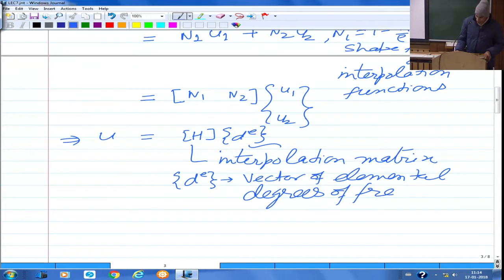These are the terminologies we will continue to use subsequently. So this is your U. We call H the interpolation matrix, and this is the vector of elemental degrees of freedom. In this case you see H is 1 by 2, a row vector, and D is a 2 by 1 vector.